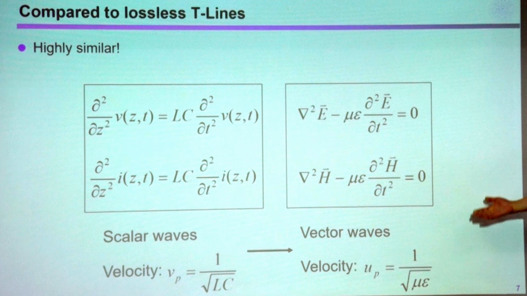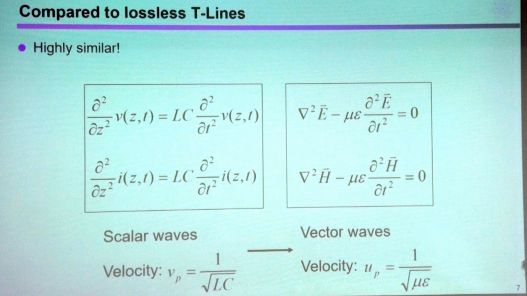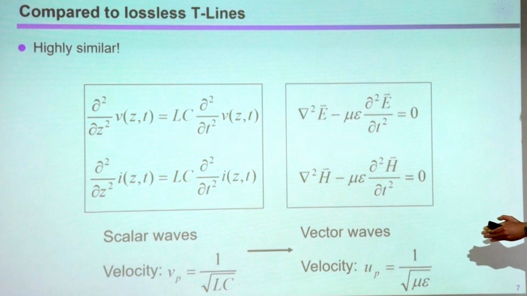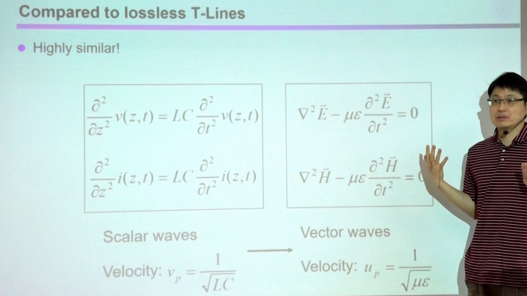The velocity is 1 over the square root of mu epsilon. Okay? So basically, we came back to learn propagating waves, which was covered at the very beginning of the class, but somehow extended with the vector features. Okay?